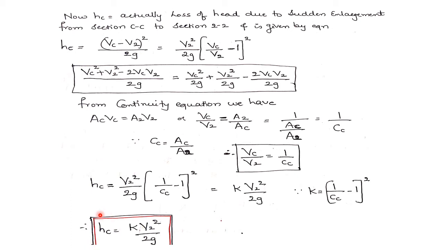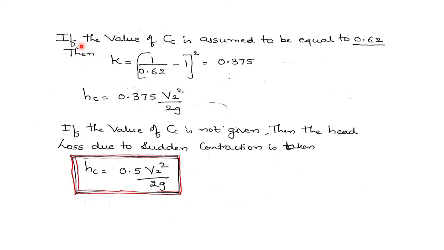You have to remember these formulas. See here now, if the value of CC is assumed to be 0.62, I will substitute it here, where K is equal to (1 divided by 0.62 minus 1) whole bracket square. So this value will be 0.375.